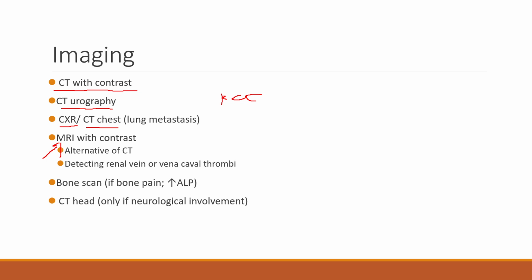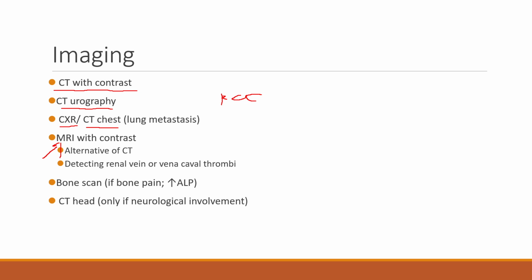And also, if the patient complains of bone pain or you find an elevated ALP, then you order a bone scan. And if the patient presents some neurological symptoms like headache, confusion, or other things, you can order a CT head.